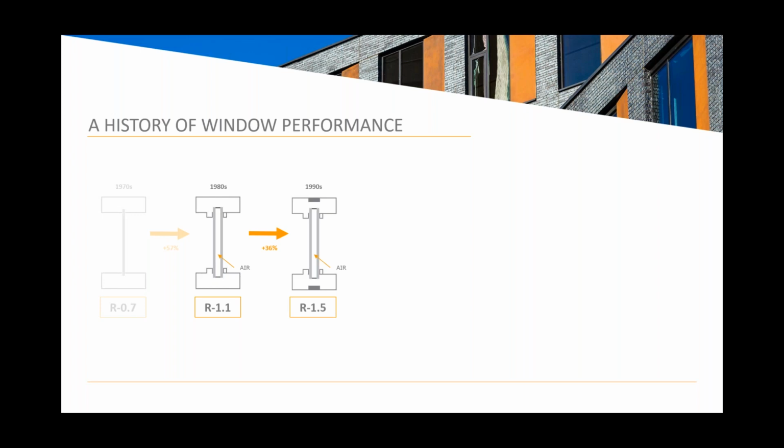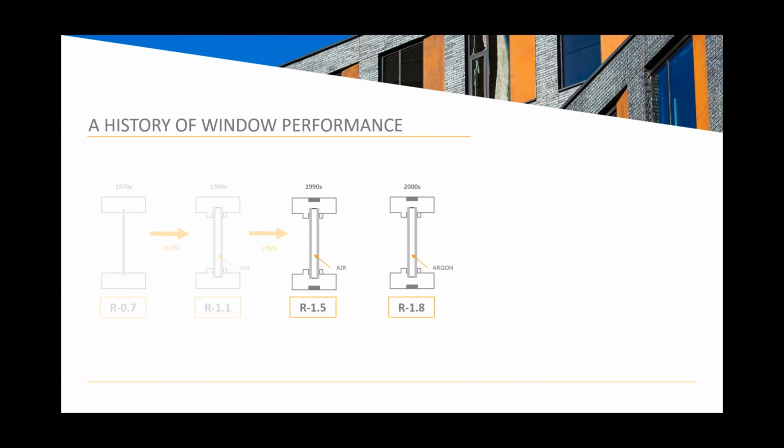And so you can see that there's about a 36% improvement when we went from the 1980s to the 1990s and introduced thermal breaks into the frame. But that also came at about a 30% cost premium to the previous example.